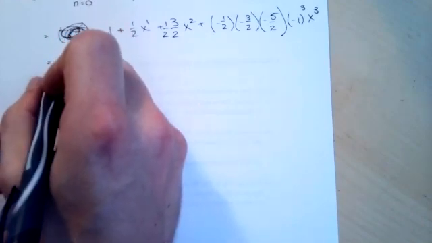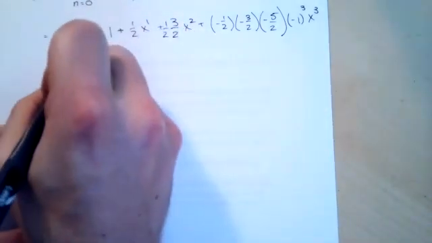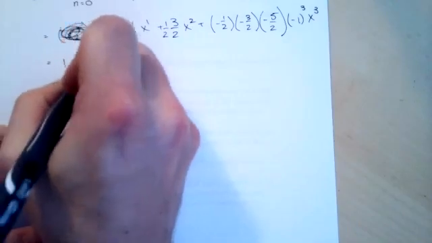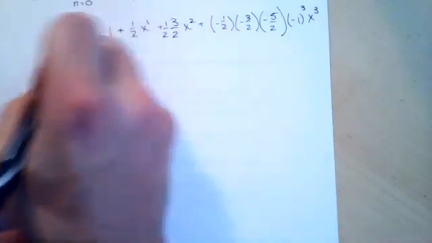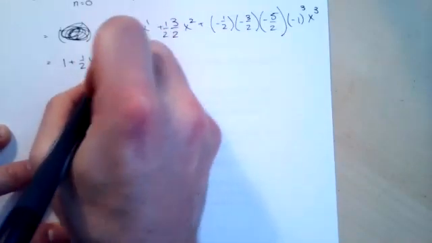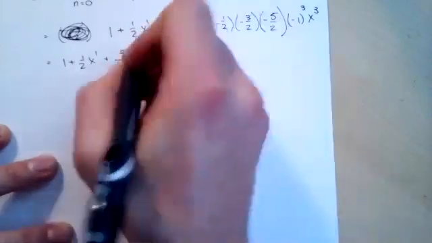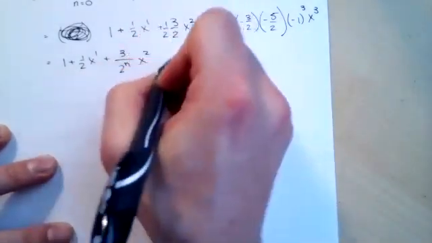And what are we left with? So we're left with 1 times 1/2 x to the 1, or sorry, plus 3 over 2 to the n, x squared, or sorry, 2 squared. I'm getting ahead of myself for that formula.